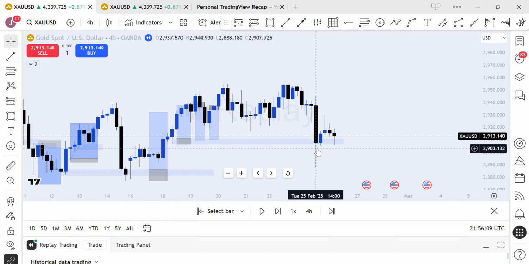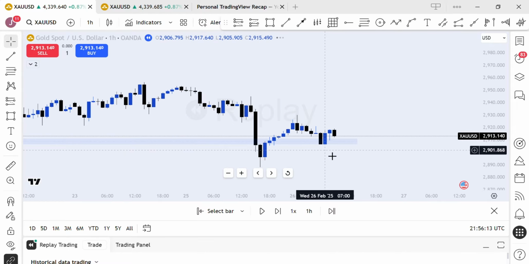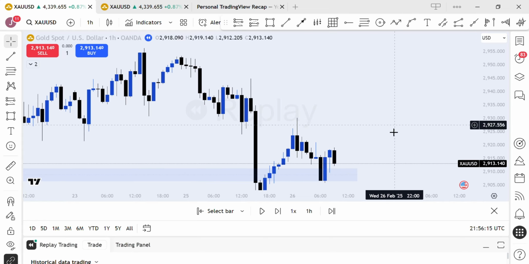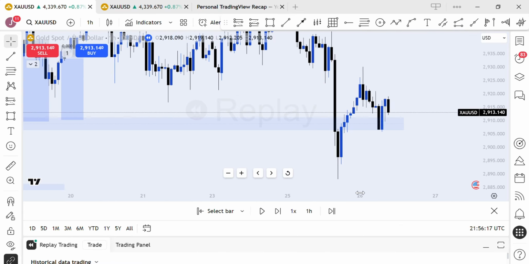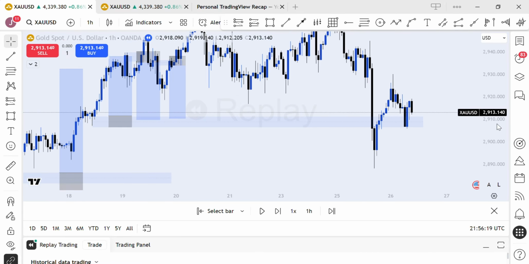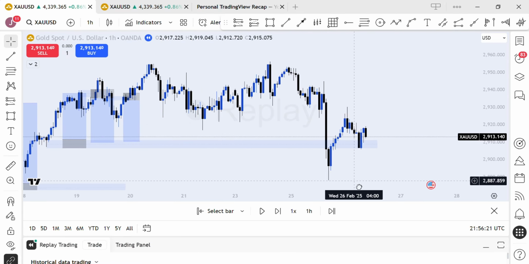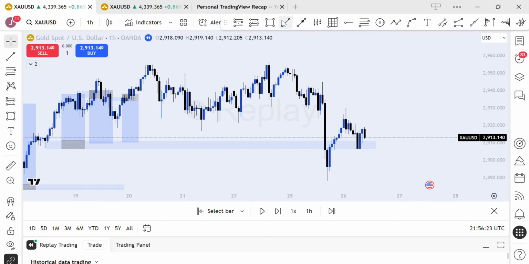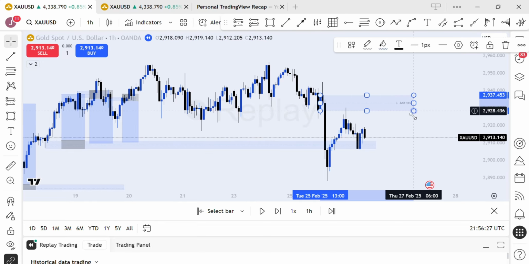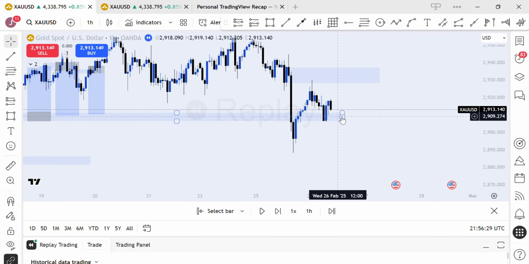Okay, so what do we see? We see price coming back to this level. Price came to this level, broke through and tested this block right here. We tested this block.